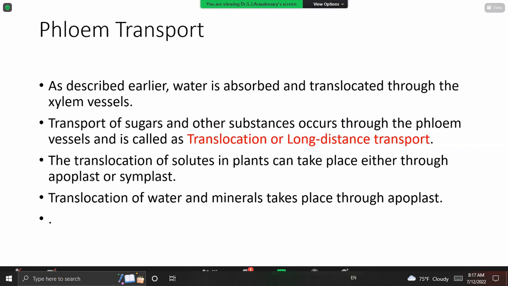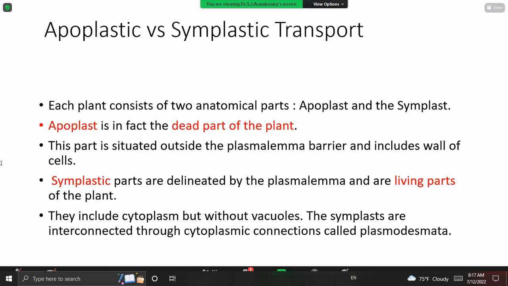I will teach you the symplast and apoplast. The apoplast means dead parts of the plants. Symplast means living parts. Apoplast is dead parts. The symplast is living part. These both are needed for the transportation of the cell.